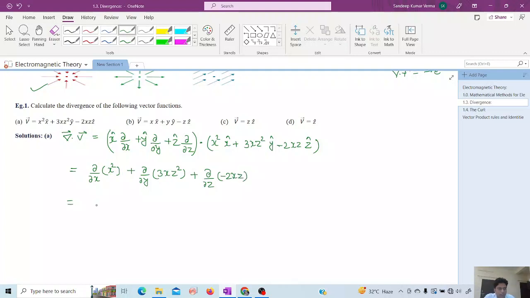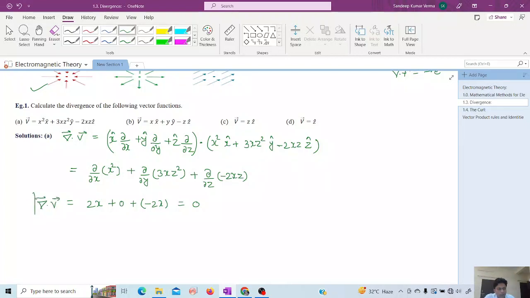This will be 2x, here this will be 0, and here it will be minus 2x. So it gives 0. So its divergence is 0.